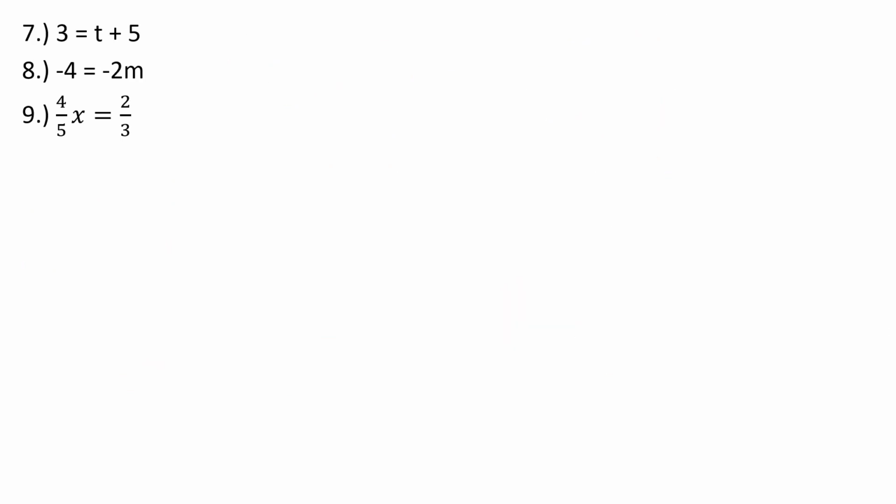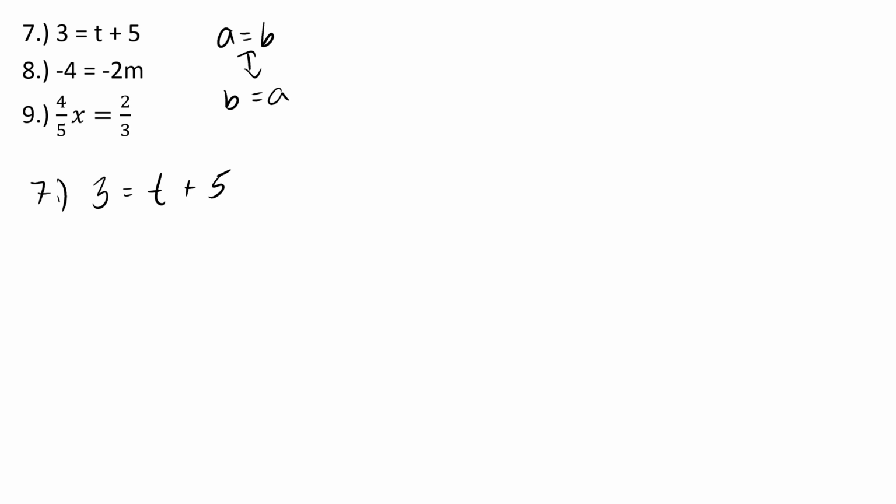Next one gets into a couple of different variations that you could see on these one-step equations. So for number 7, we have the variable on the right, and that can trip up a lot of people. So if it really bothers you, you can use what's called the symmetric property, which says that equality is symmetric.